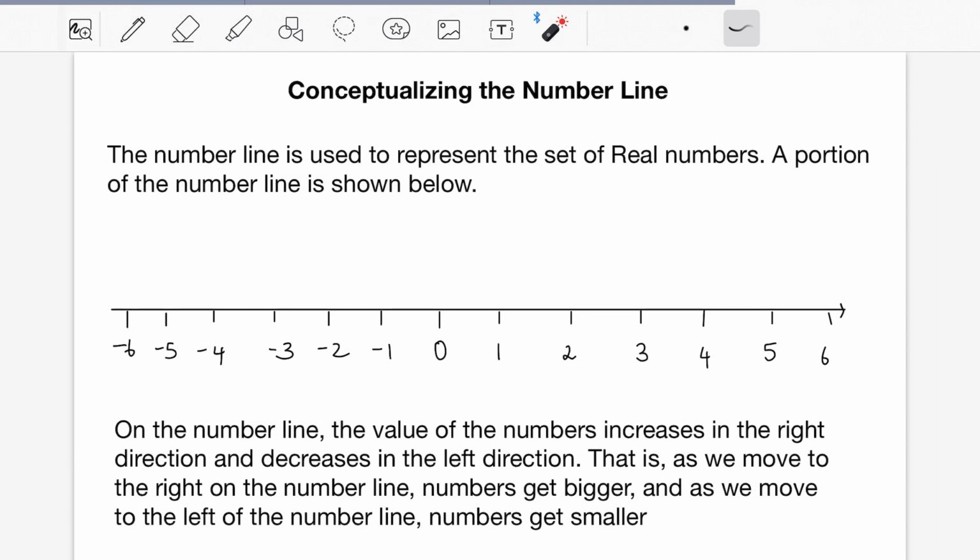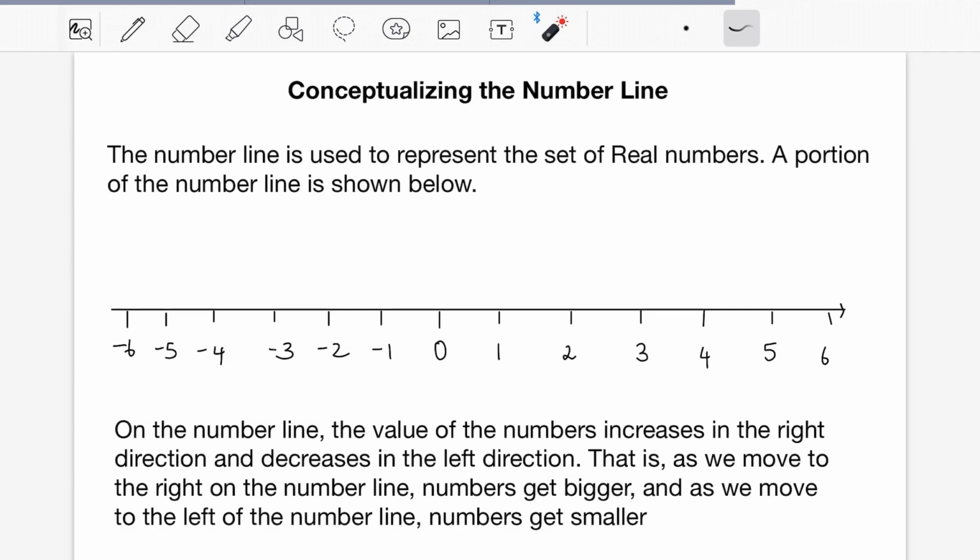And that is true for the entire number line. So even though the numbers actually seem to increase to the left of your number line, they're actually getting smaller.